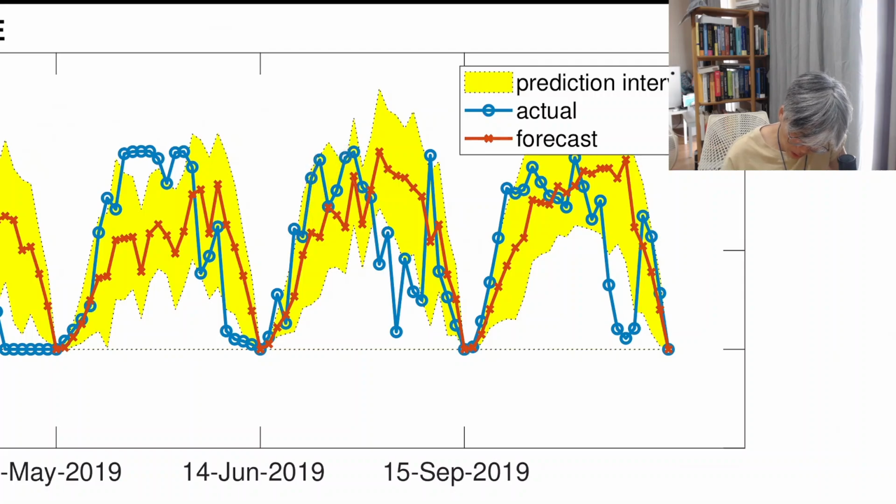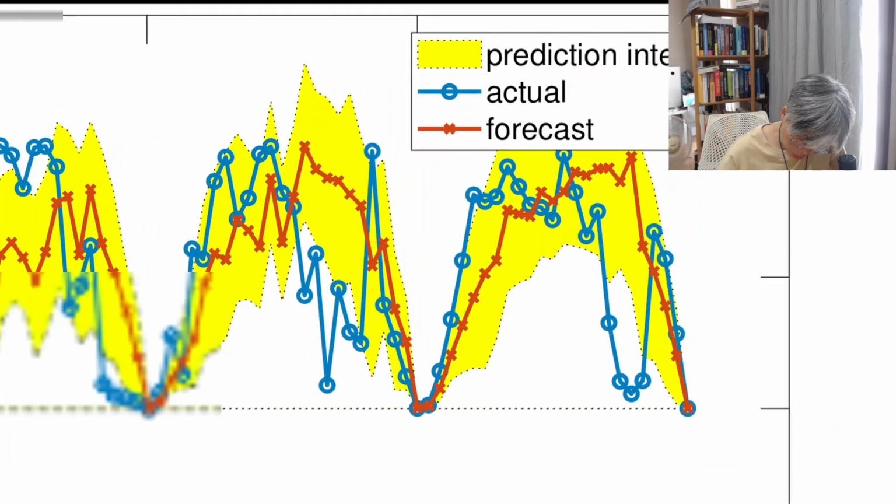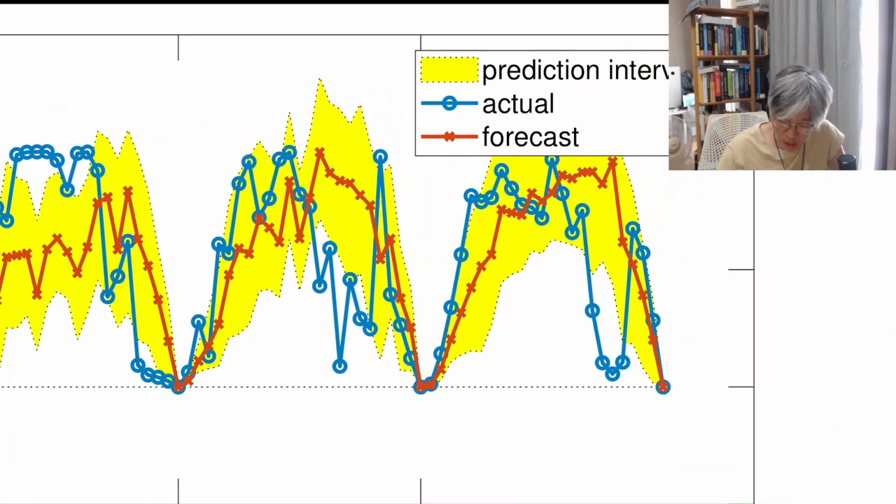You see that there are a lot of mismatches here. And also the prediction interval in the yellow band. The prediction interval, associated with some probability, just gives you the area in which your forecast could lie with some significance level. It doesn't tell you 100% that your forecast value will lie in that interval.